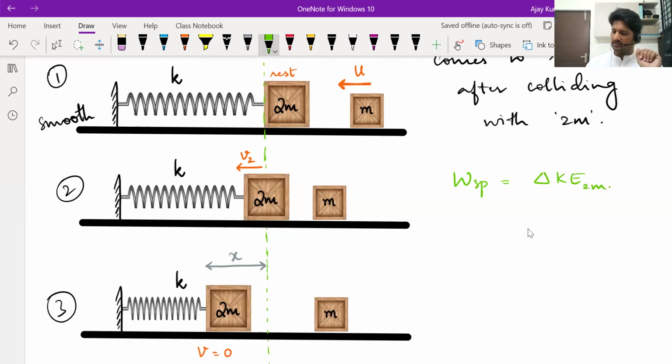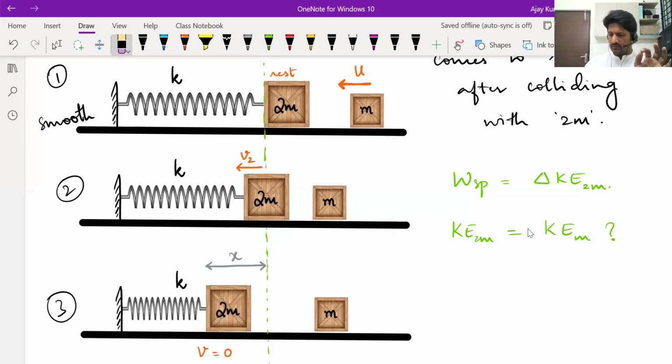What I am asking is, the kinetic energy gained by 2m due to collision, is it equal to kinetic energy lost by m in the collision? If this is correct, then we can directly write work done by spring force is equal to change in kinetic energy of the mass m. Okay, directly from first stage to third stage we can apply.